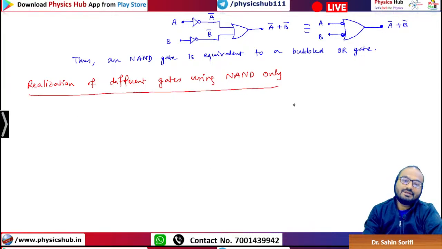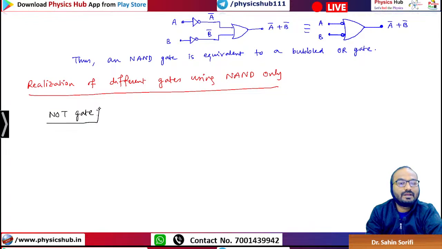Let us say you want to express a NOT gate using a NAND gate.